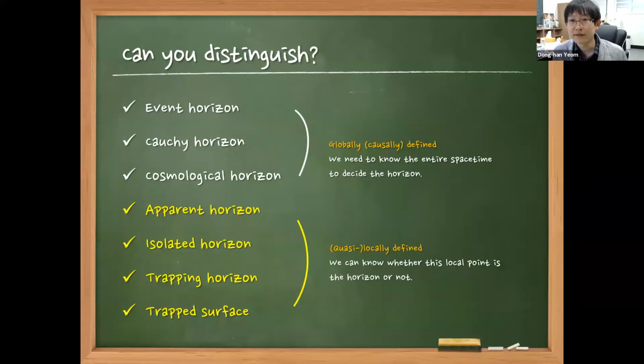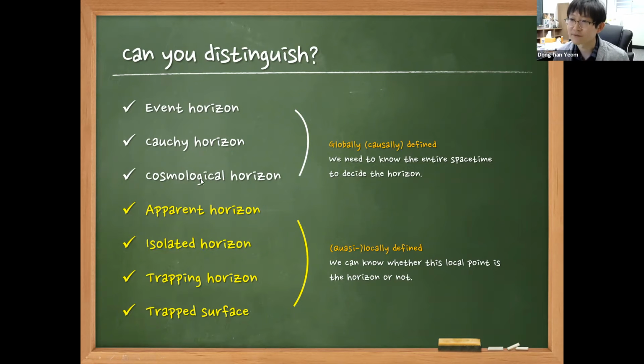But one negative point of locally defined horizons is that there are maybe infinitely many ways to define horizons, but not all of them are useful. So we need to collect only the useful horizons in terms of Hawking radiation or any other physics.